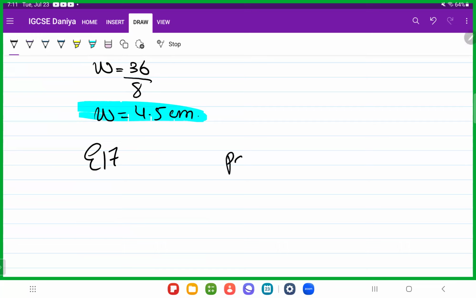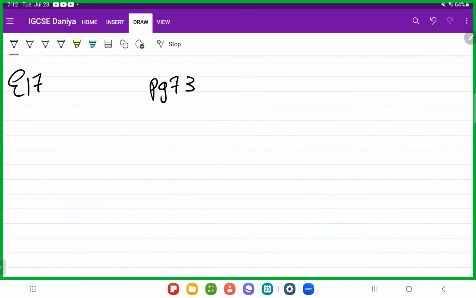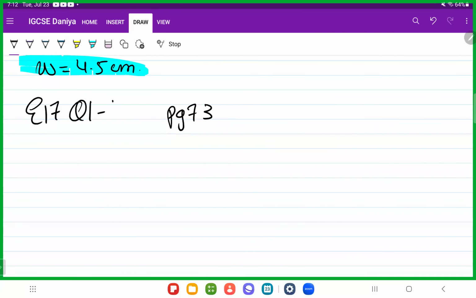Page 73, I want you to do questions 1 to 4 right now. Questions 1 and 2, I expect you to do very easily. For questions 3 and 4, I want you to try your best.